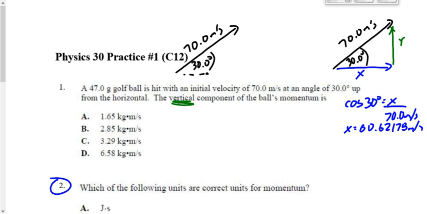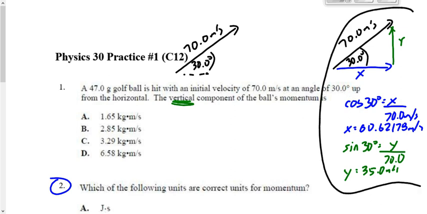Now, to find the vertical component of it, I'll say sine 30 degrees is equal to opposite over hypotenuse. This one's easier. The y component is just 35 exactly. Now, what I like to do here is just kind of box that off. It's not essential to do that, but it's just kind of habit.